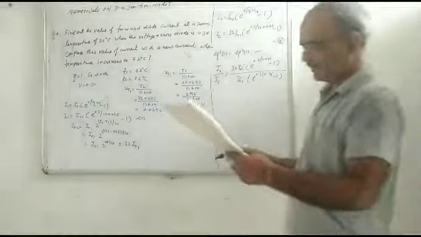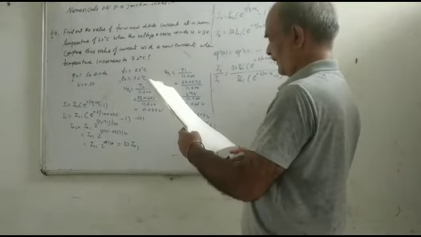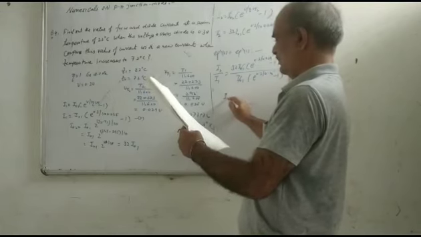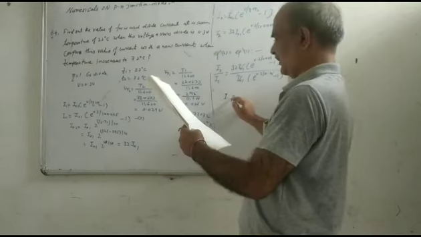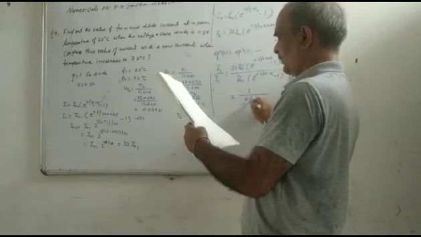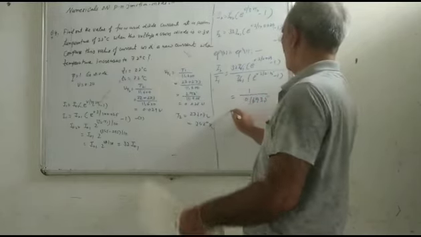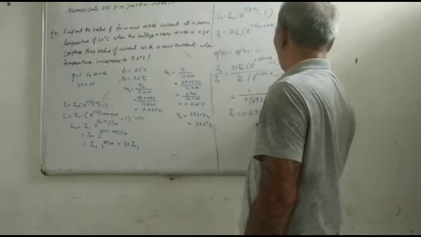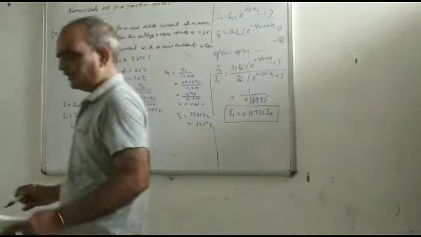After solving, I2 upon I1 is equal to 1 upon 0.16935, or I1 is equal to 0.16935 I2. This is the relation, or ratio, of the currents.